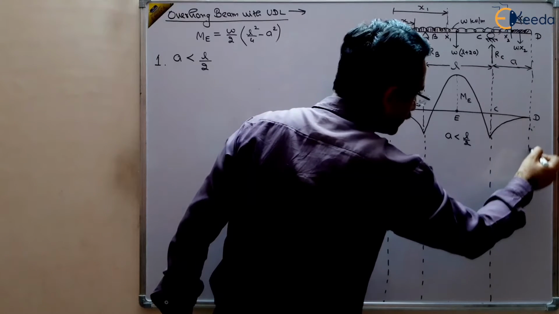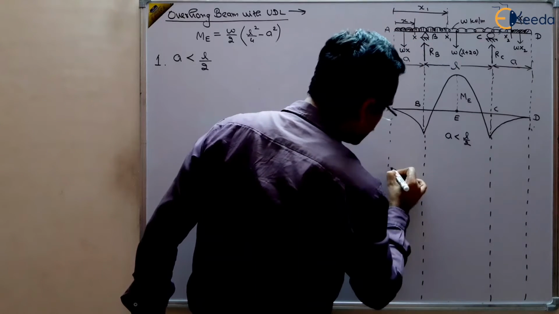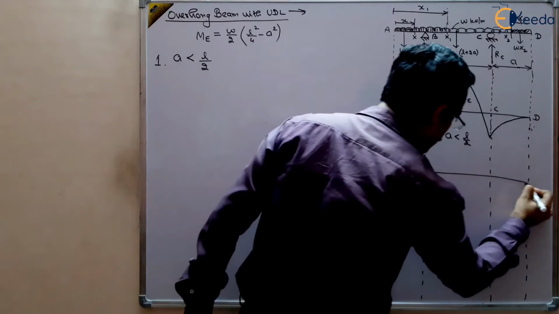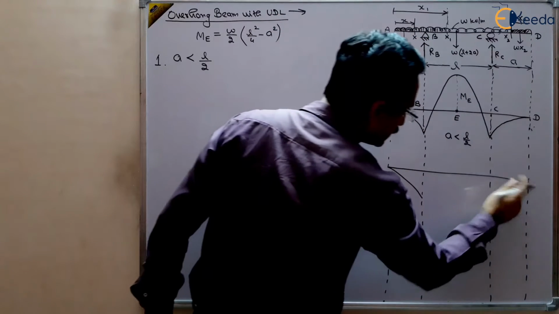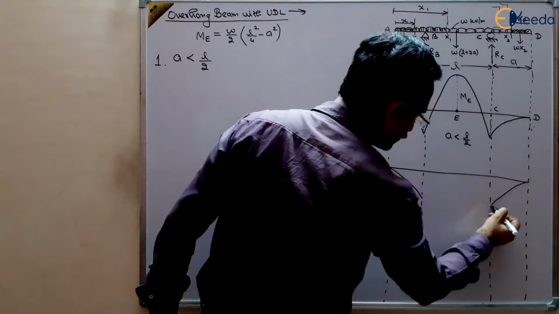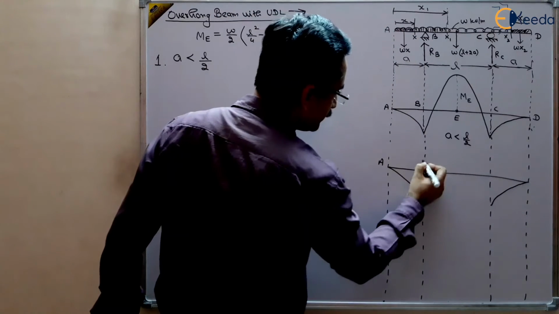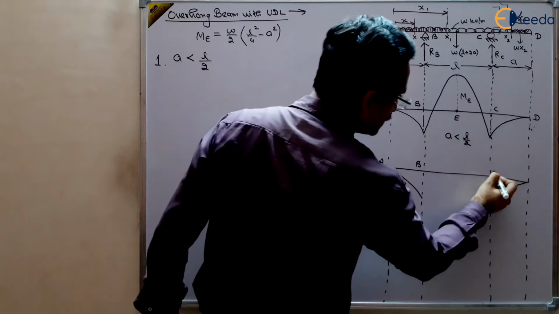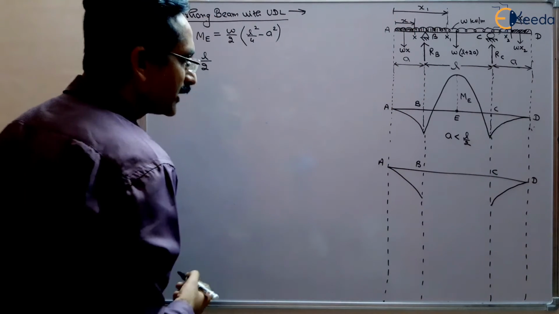When A becomes equal to L by 2, in that case, you will get this type of curve. These two curves are always there, right? So this is A, B, C, D.